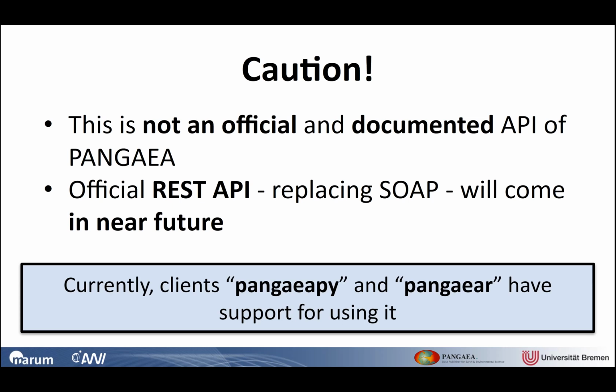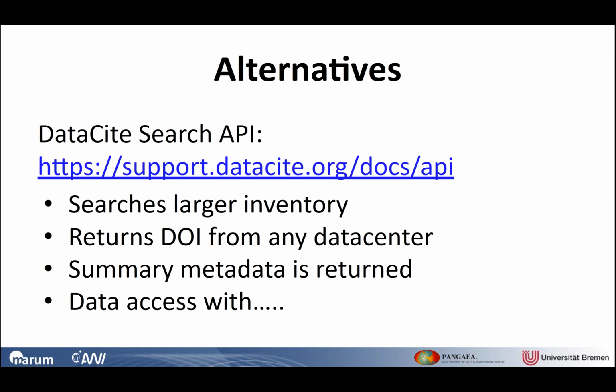Yeah, so there are also some alternatives. For example, for searching data, you can also use the dataset APIs for searching data, which is already on the REST standard. And the good thing with that is you would not only find data inside PANGAEA, you would find all the data that has a DOI registered, and you get it in a nicely machine readable form back.